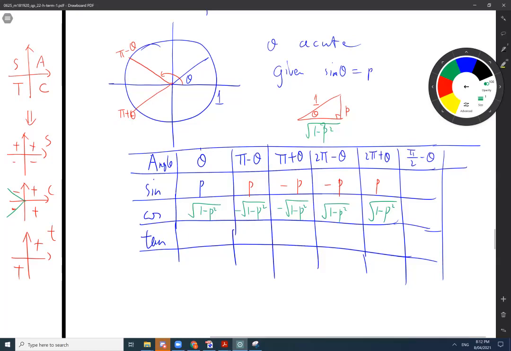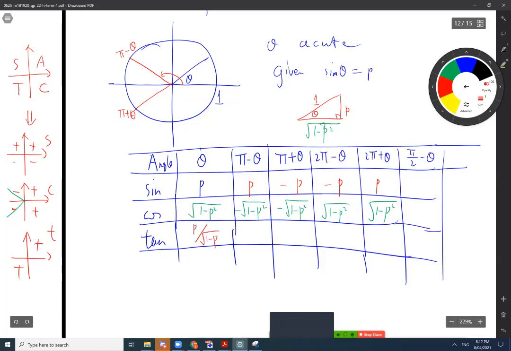Sine theta over cos theta, which is just p over root 1 minus p squared. Excellent.